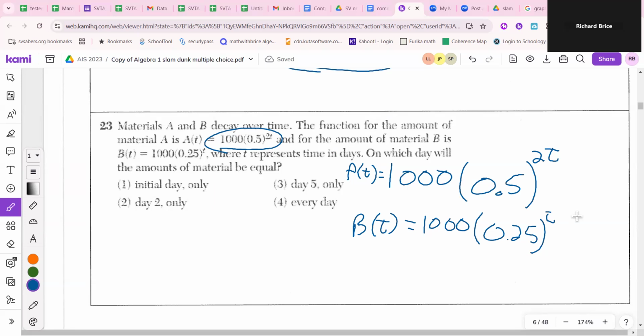We don't have an x, we don't have a t, so we just type in 2x. And then the other one is 1,000 and 0.25 with an exponent of still x. Look at the table. Second graph, you look at the table, every single one in y1 and y2 is the same. So the answer is every day.